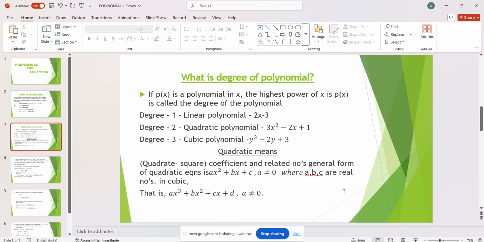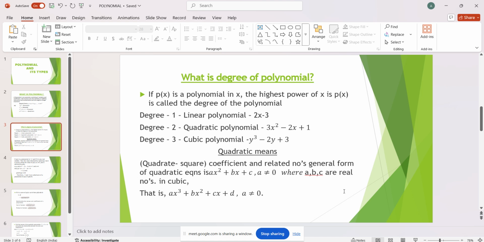Then next, degree 3, the cubic polynomial. Example y cube minus 2y plus 3, a cube minus 2a plus 5. The highest degree is 3. The coefficient of the highest degree term is not equal to 0. Look at the linear polynomial, the x coefficient 2 is not 0. If it were 0, the term would cancel, so we would not take that degree.